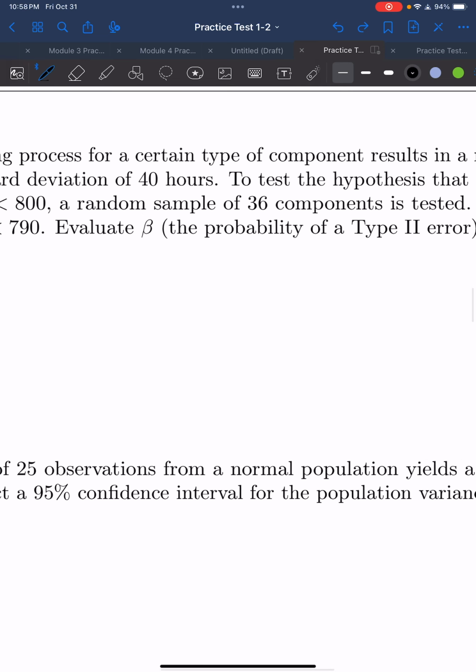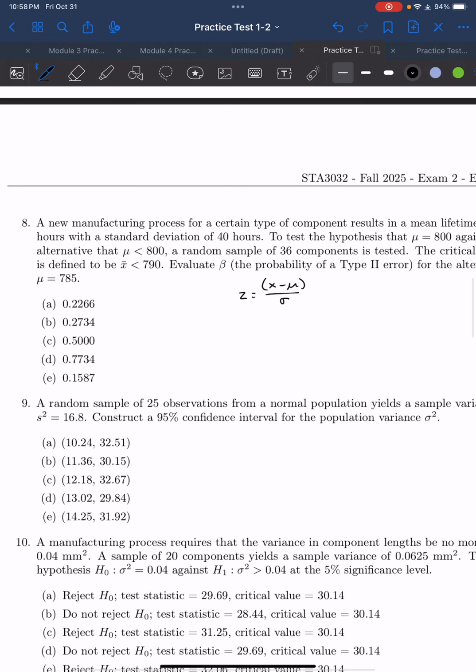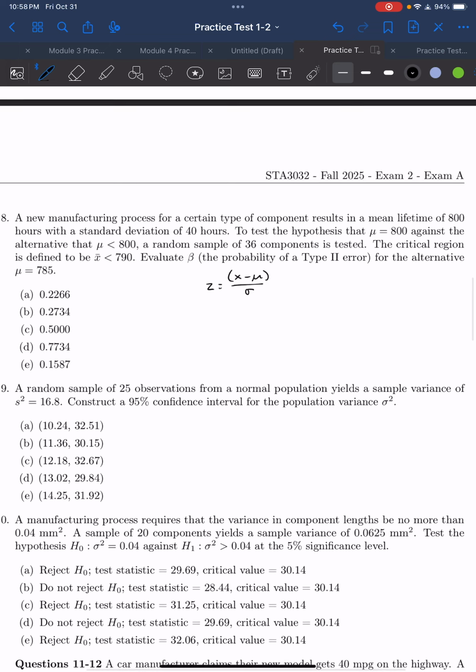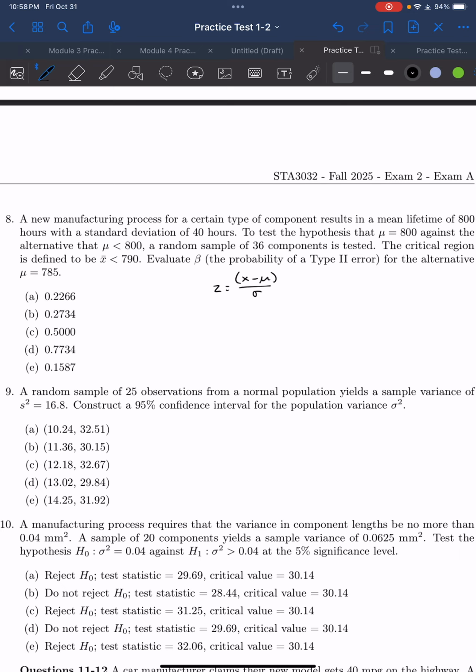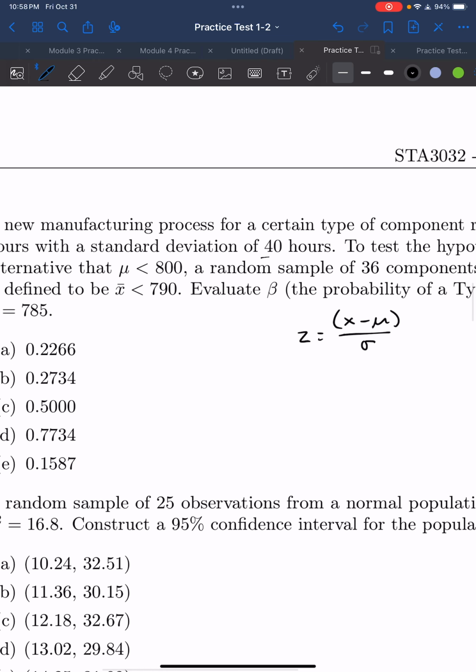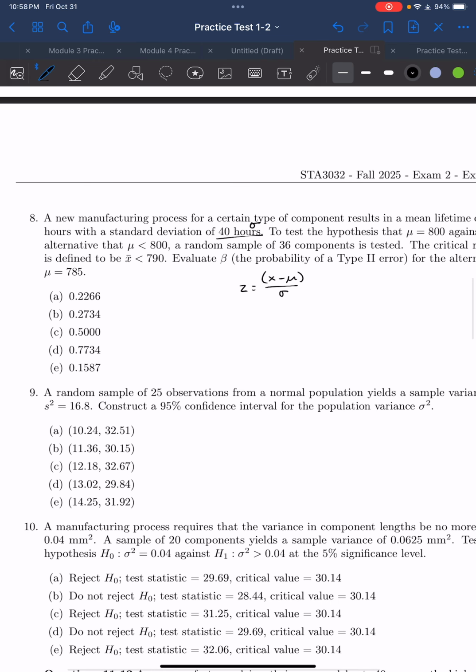So if you recall, our z-score is calculated as x minus mu divided by our standard deviation. But since we're trying to calculate our type 2 error, we want to use our sample standard deviation rather than our population standard deviation. So here is our population standard deviation.